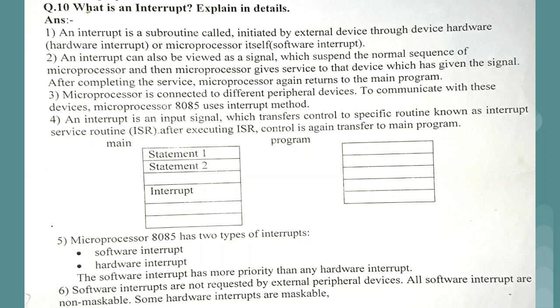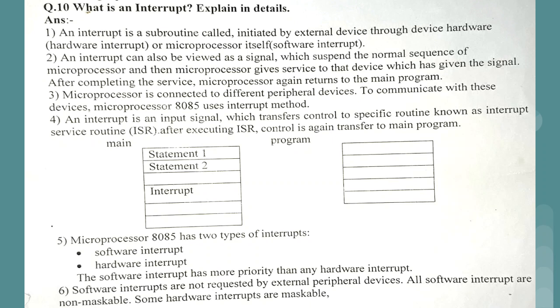Interrupt service routine is arranged in this way, and this is the reason why in the current slide they have given the main program, and then an interrupt, meaning there is a call instruction. After the call instruction we specify the memory location where our program is present. After this interrupt we again have certain statements of the main program.